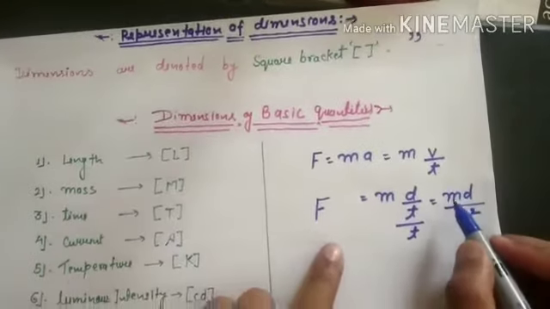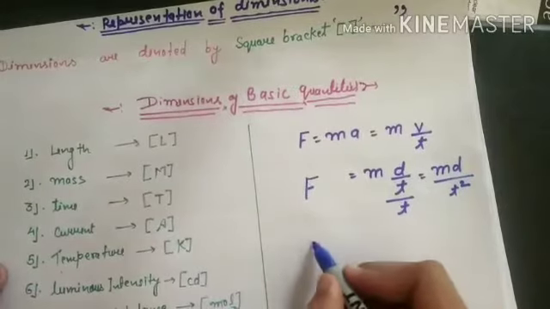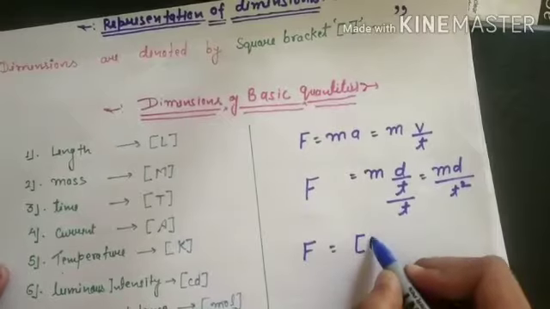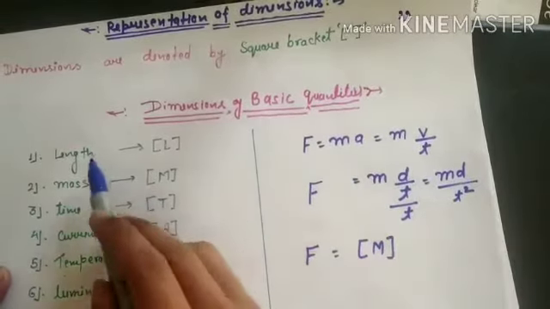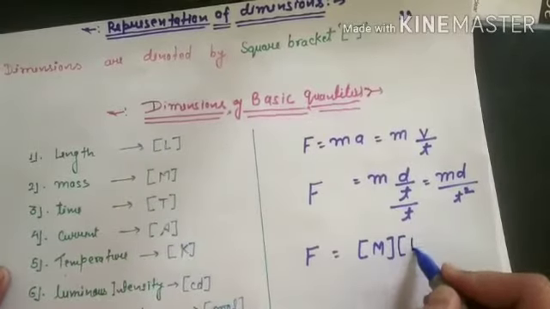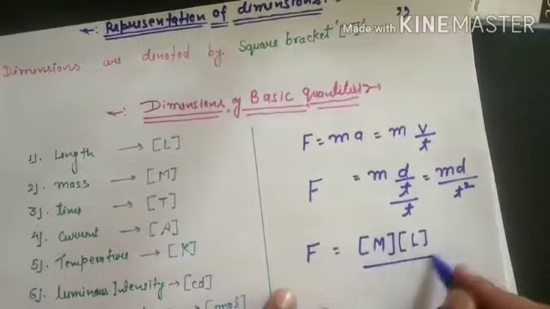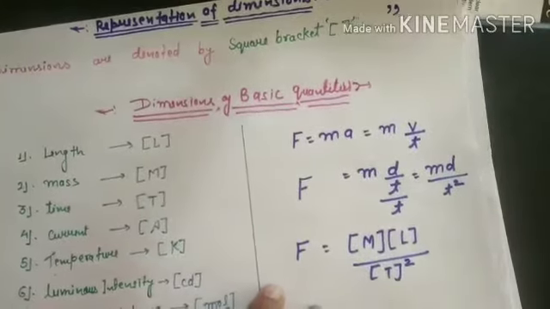If we write the dimensions of these basic physical quantities, then what should be the dimension of force? Mass is represented by bracket M, distance or length is represented by bracket L, and time has dimension bracket T to the power 2.